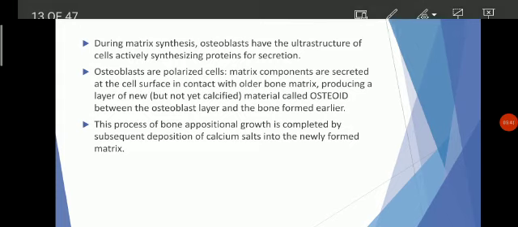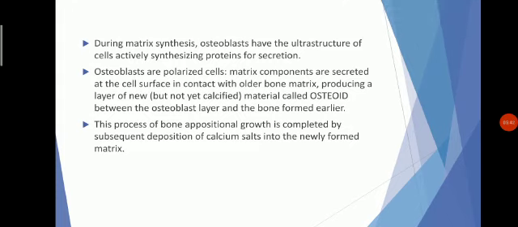During matrix synthesis, osteoblasts have the ultrastructure of cells actively synthesizing proteins for secretion. Osteoblasts are polarized cells. Matrix components are secreted at the cell surface in contact with older bone matrix, producing a layer of new but not yet calcified material called osteoid between the osteoblast layer and the bone formed layer.